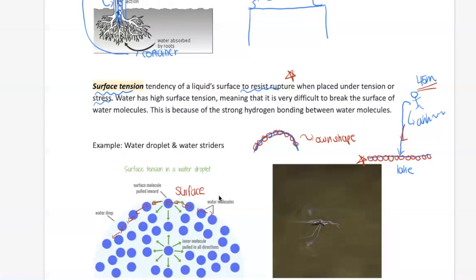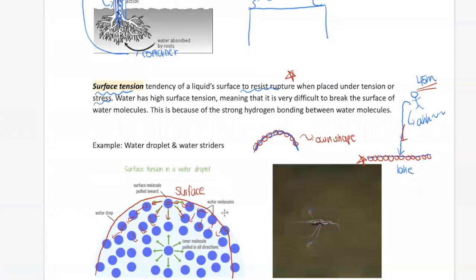But water molecules on the surface are at the same time pulled inward in this direction due to the water molecules inside, right? So this net pull horizontally and vertically makes this droplet structure.